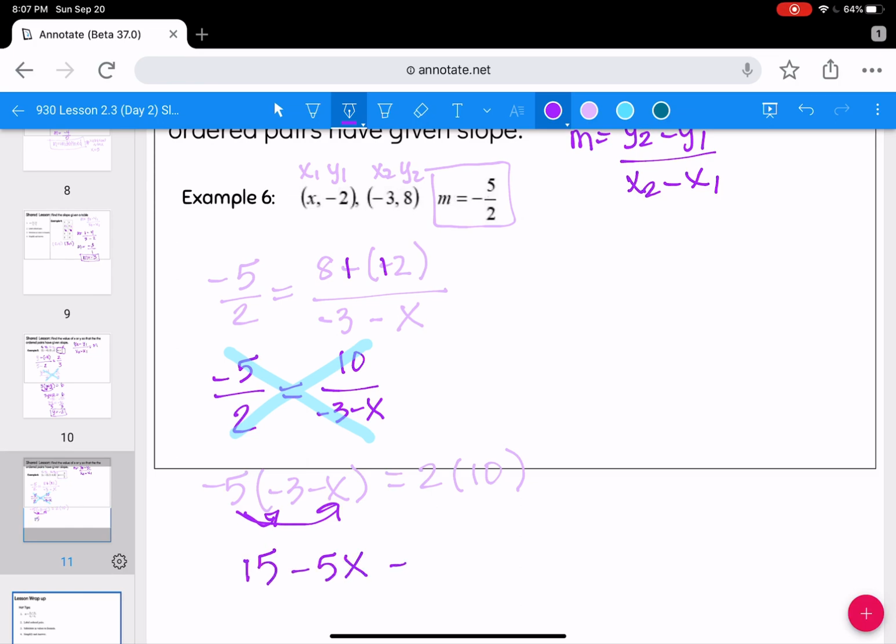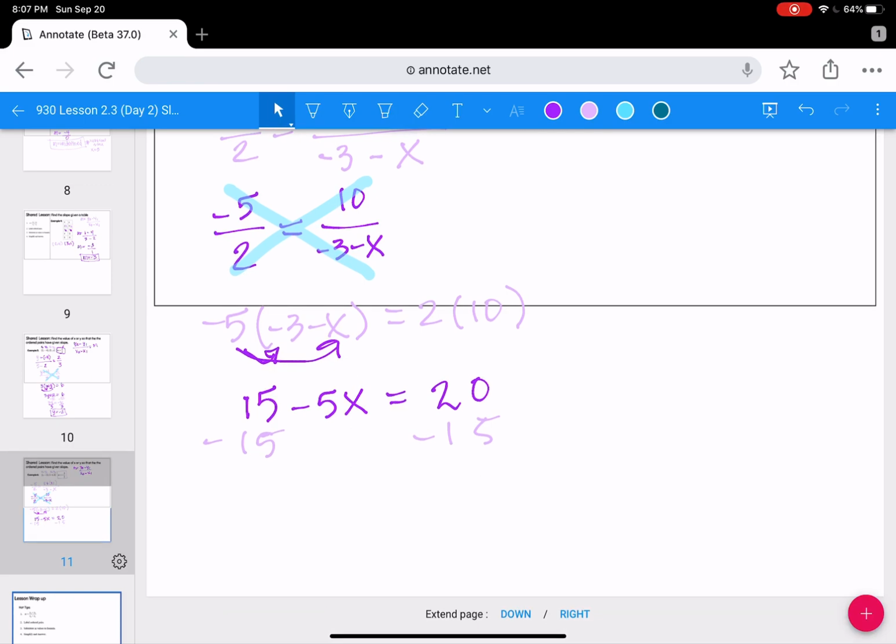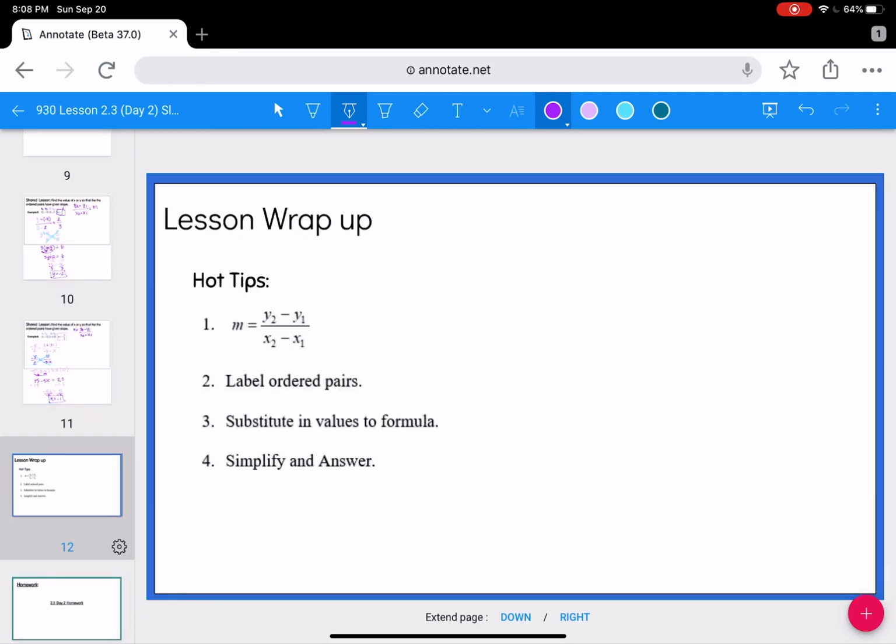Minus 5x is equal to 20, since 2 times 10 is 20. Then I'm going to subtract 15 to the other side here, and we are left with negative 5x is equal to 5. Divide by negative 5, and we get x is equal to negative 1. So again, we solved for that x value.